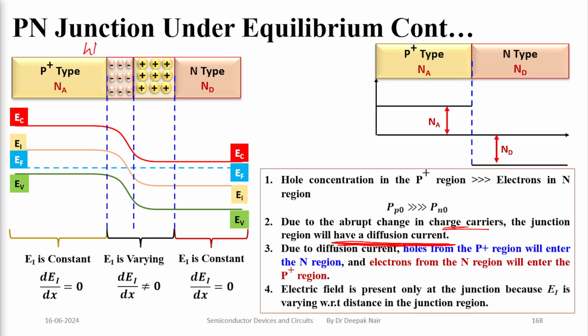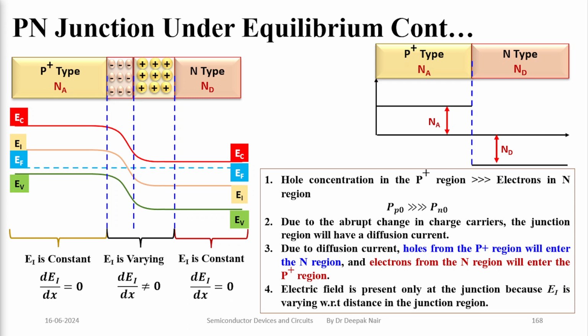Since we have a very high concentration of holes here and a lower concentration of electrons, suddenly there will be a diffusion current flowing from the p to the n-type semiconductor, and that is due to the change in concentration of the carriers in the junction. And this diffusion current will last for a very small time period.